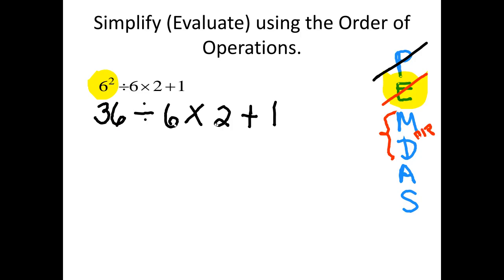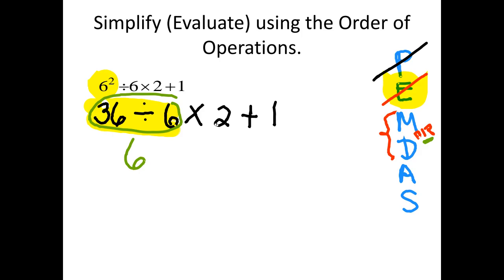Now, this is where you're going to find that we're going to put these two together first. It's divide, but it came before that little multiplication symbol, which means that I am now going to have 6. These two have to go together first. See that little word? Or, whichever comes first. Well, this is 6.